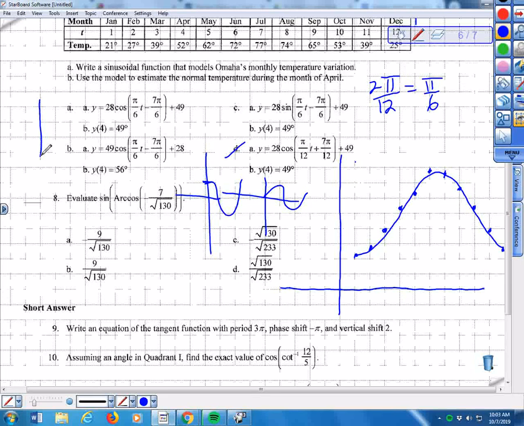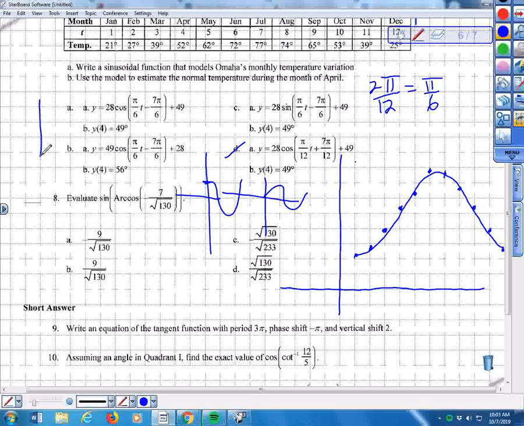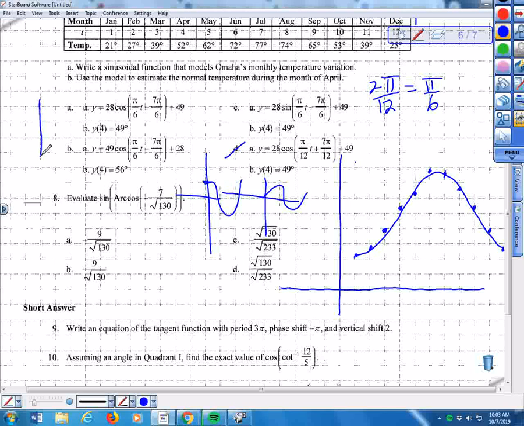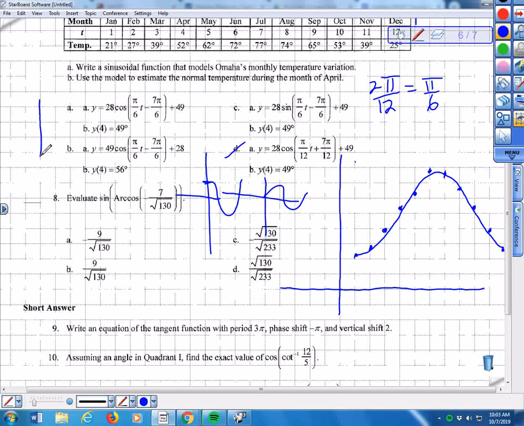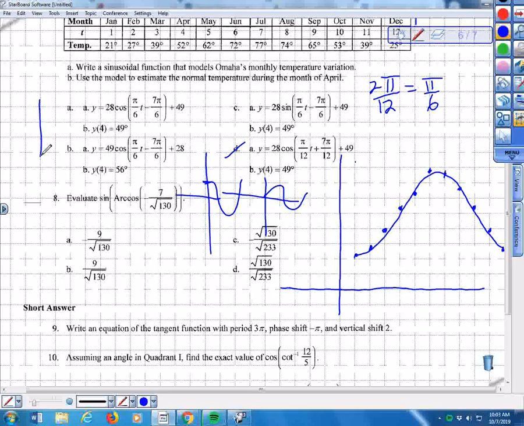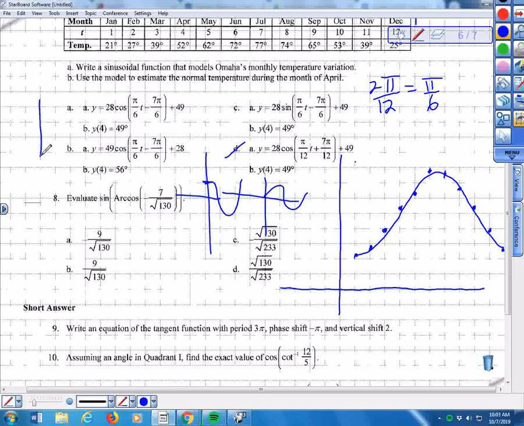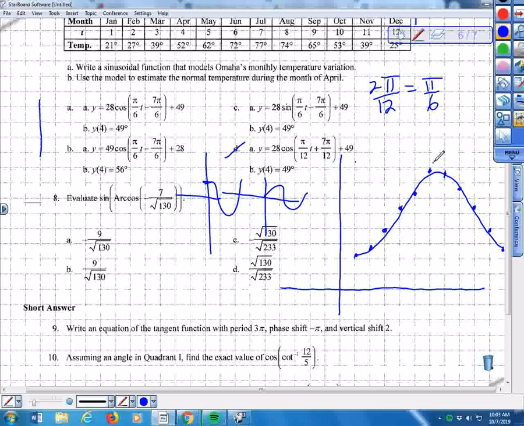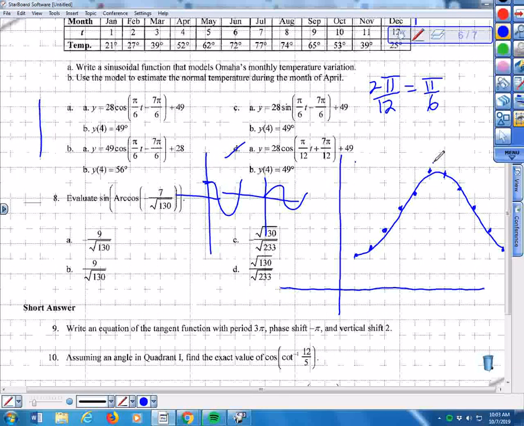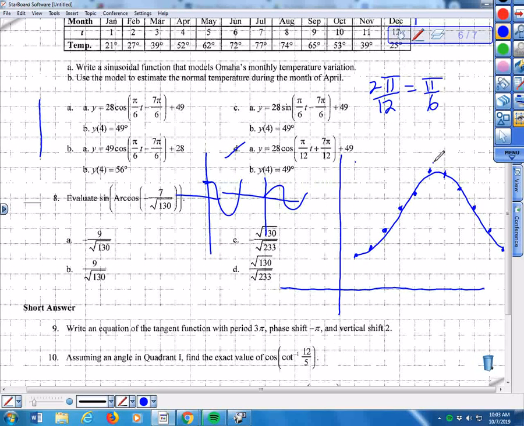So if I were to take this cosine and have this be my point where the cosine starts here, and then it goes down, it's still going to have a period of 12, but you see how much it had to shift over to get to that point?